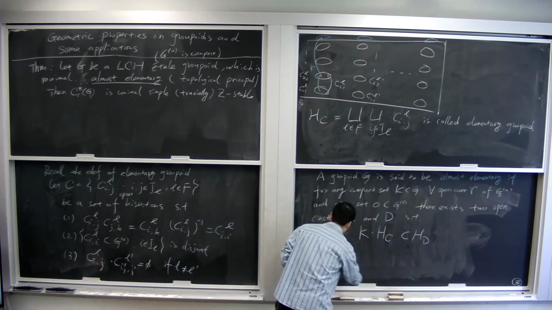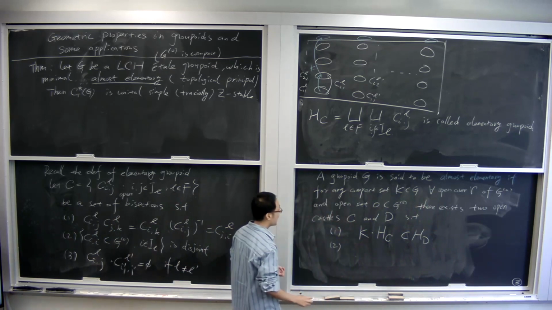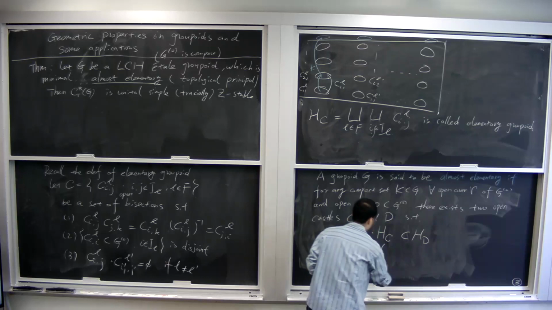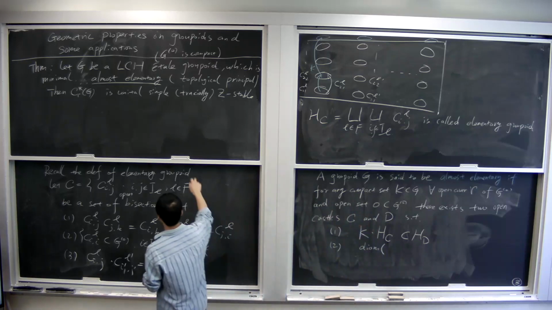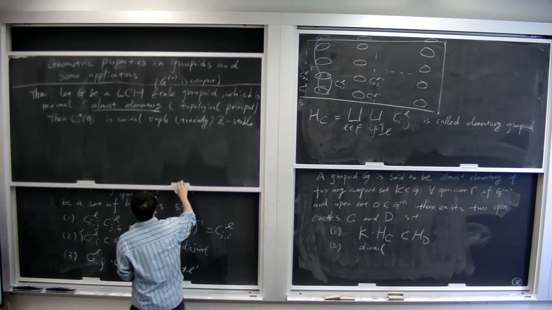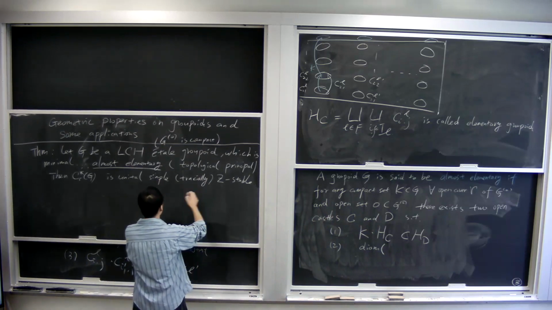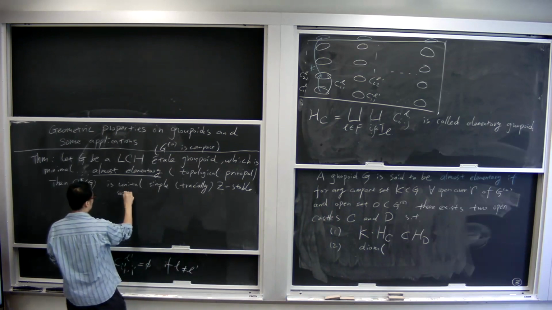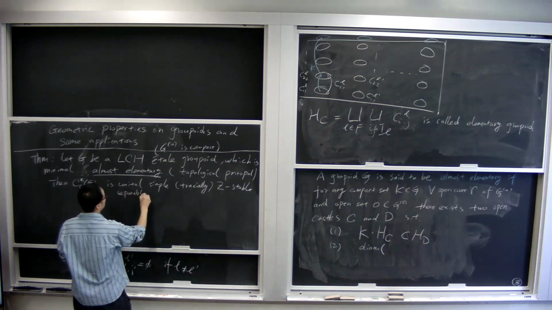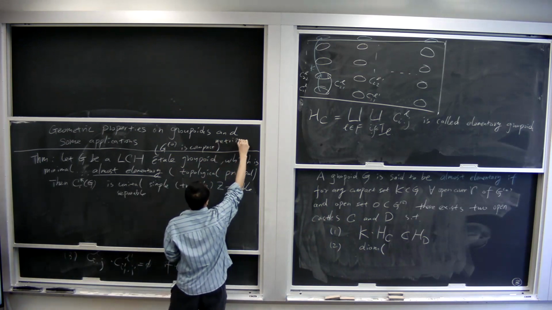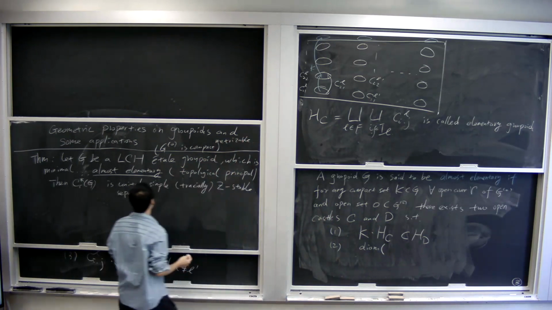Second, we also need the diameter. Of course, sorry, maybe I forgot one condition. Definitely you want it to be separable, so you need to add that this is compact metrizable.